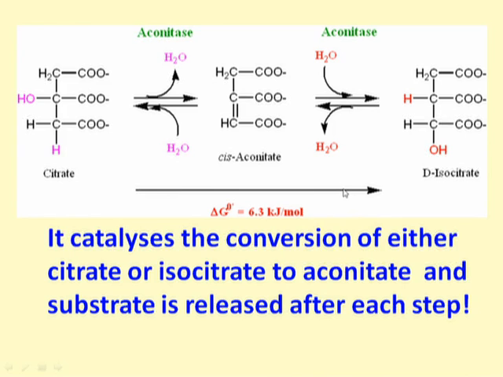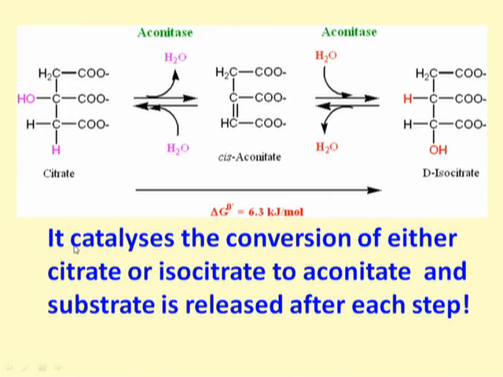Using this hint and knowing the details of the actual reaction catalyzed by aconitase, we see that aconitase actually converts cis-aconitate to either citrate or isocitrate with the involvement of a water molecule. The reaction is very similar to that of the fumarase enzyme. The water molecule is removed from citrate to give rise to cis-aconitate, where a double bond is generated, or it could be removed from isocitrate to give rise to cis-aconitate.